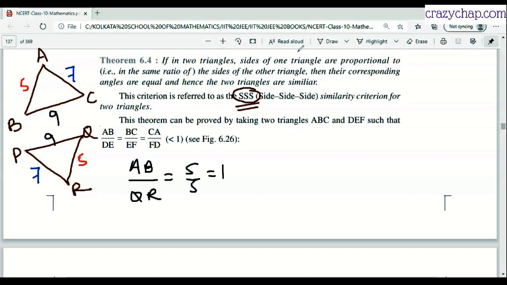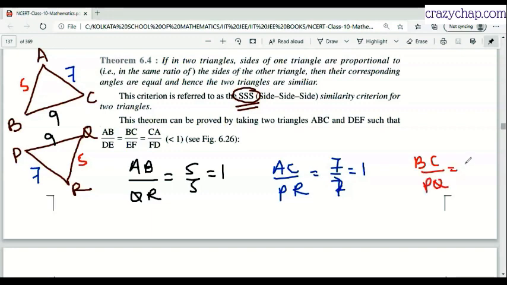The ratio of side AC and side PR is what? Similar to side AB upon QR. That is 1:1. Okay. So we always talk about the side ratios. The ratio of side BC and side PQ is what? 9:9, which is 1.